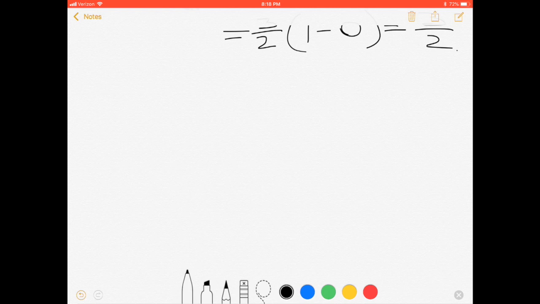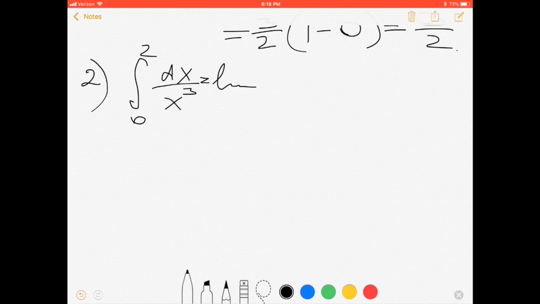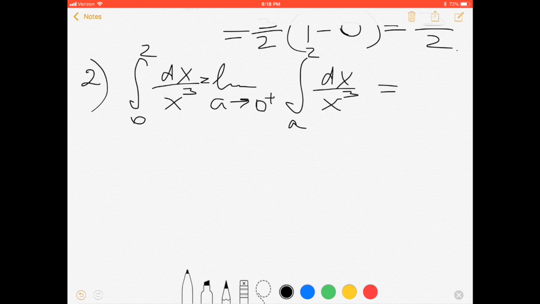One more example, the second one. We have the integral from 0 to 2 of dx over x cubed. The limit as a approaches 0 plus of the integral from a to 2 of dx over x cubed.